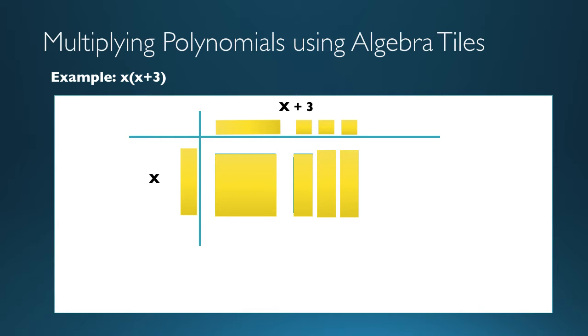If I repeat the same process for each of the 1 tiles, I end up drawing 3 positive x tiles. So what I have in the middle of my grid is 1 x squared tile and 3 positive x tiles. So I have modeled the solution to my multiplication problem, x squared plus 3x. So that is how I model multiplication using algebra tiles.